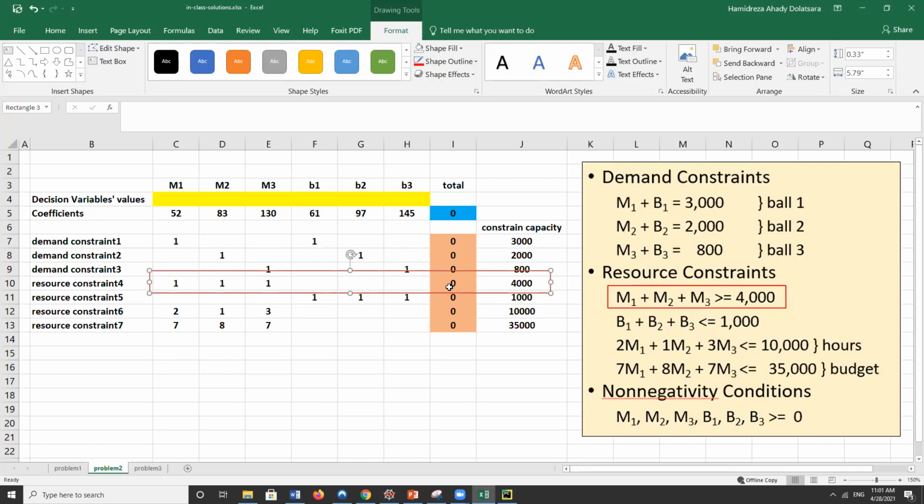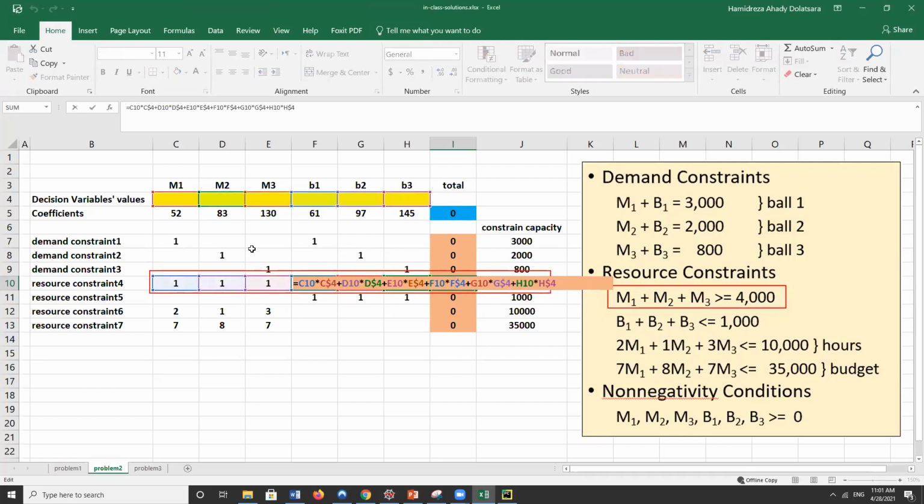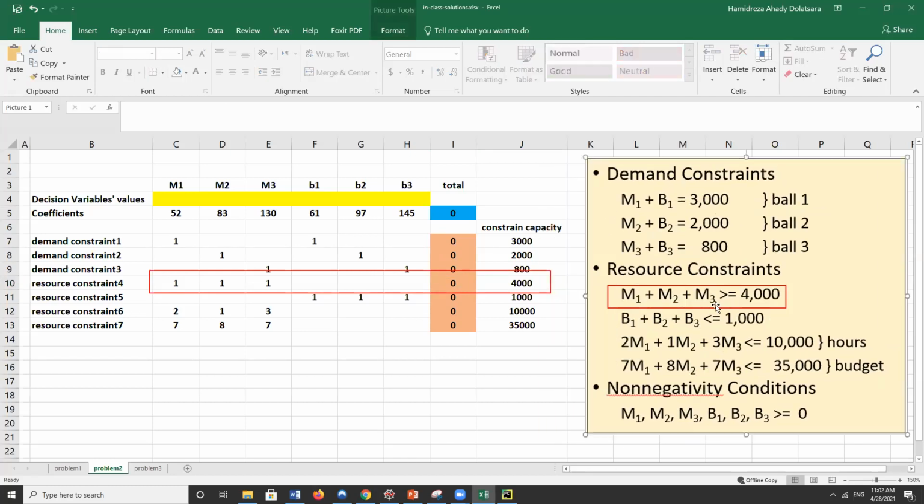So inside this orange cell, I made that formula. How? The M1 decision variable times 1 plus the M2 decision variable times 1 and M3 times 1. Any questions? And same for the other ones.